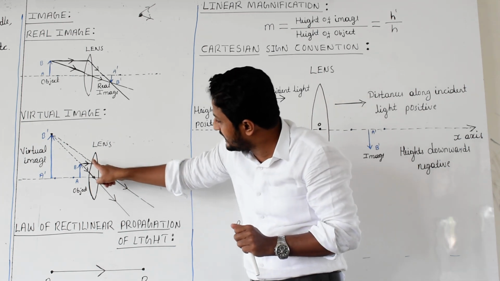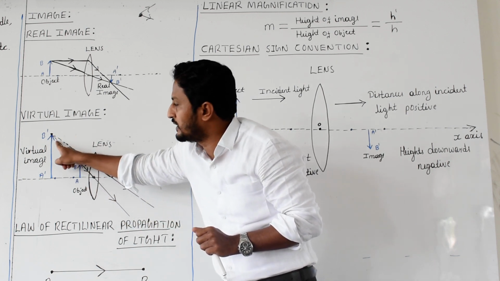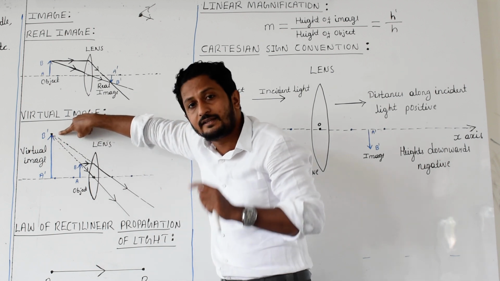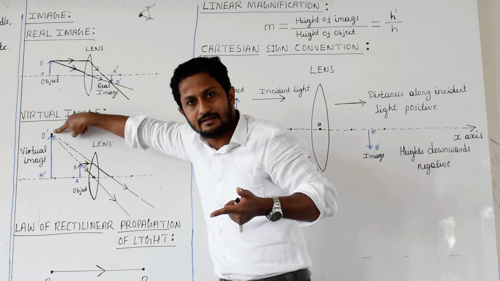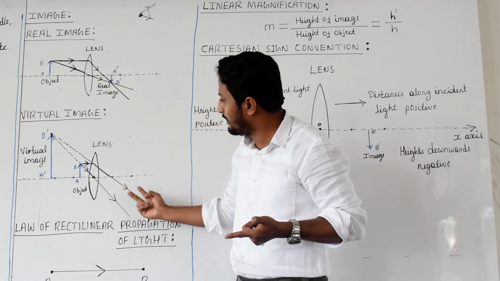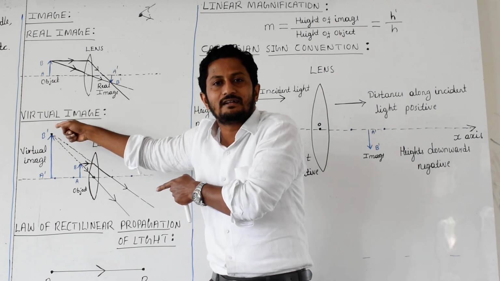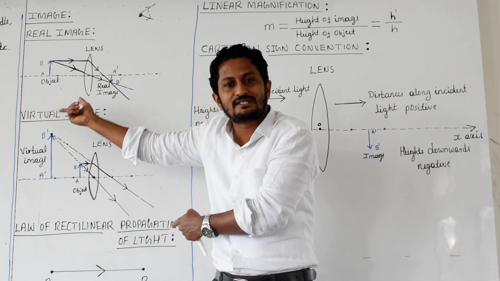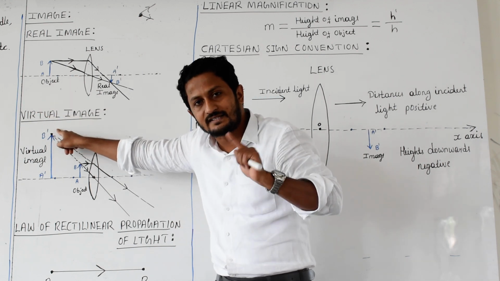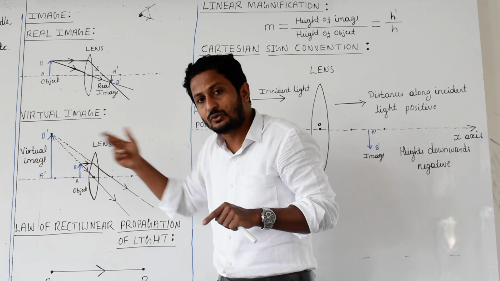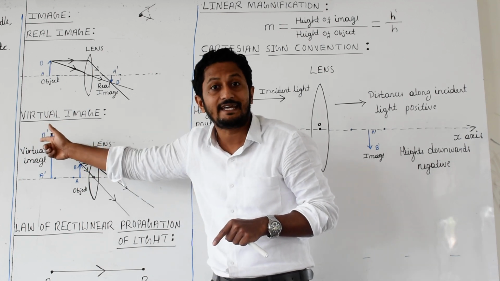You see here, I extended this one and this one also, and here they met. Where they intersect, those light rays produce the image of the object AB.